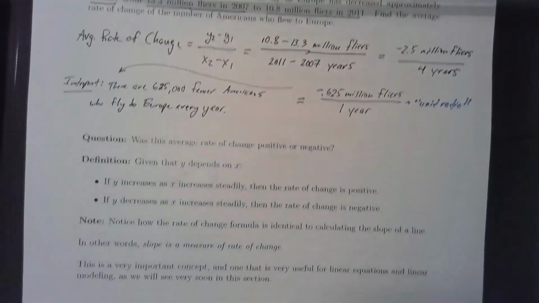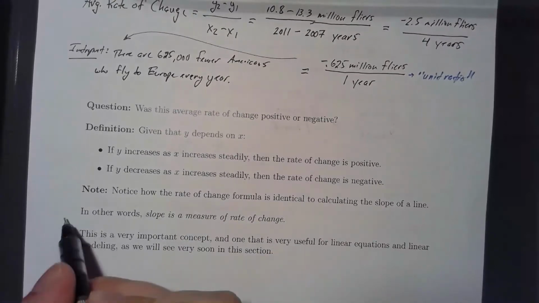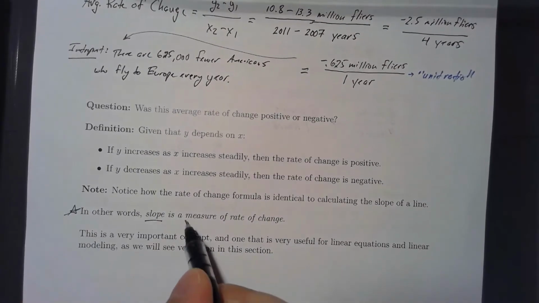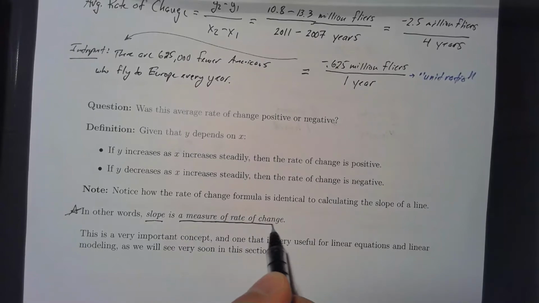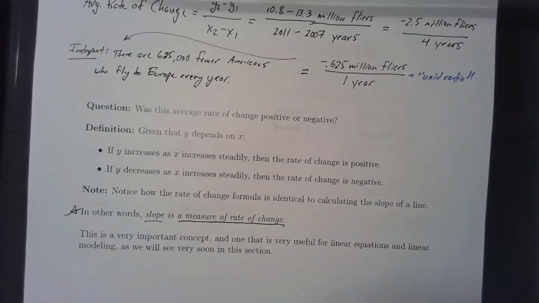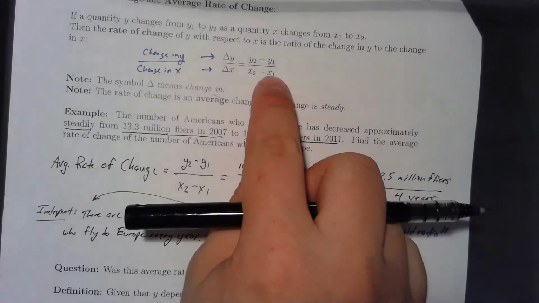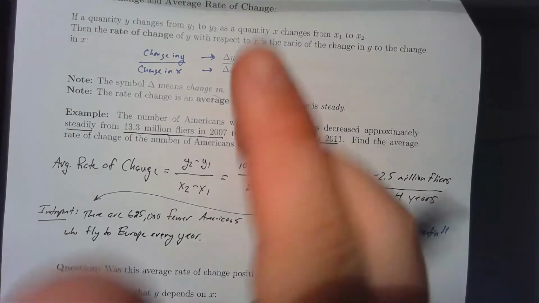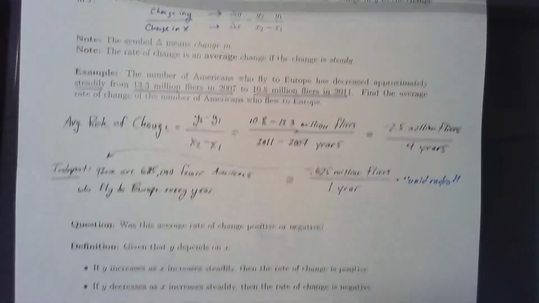Well, that's not a coincidence. Slope is a measure of rate of change. The slope is actually a measure of the rate of change. That's why their formulas are identical to each other.